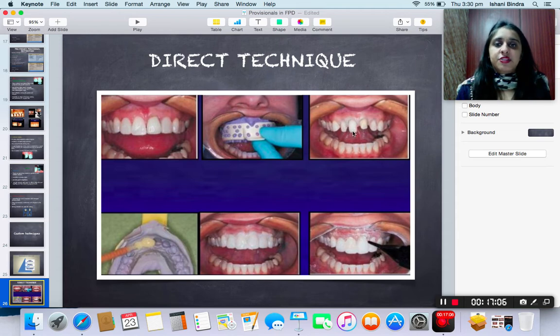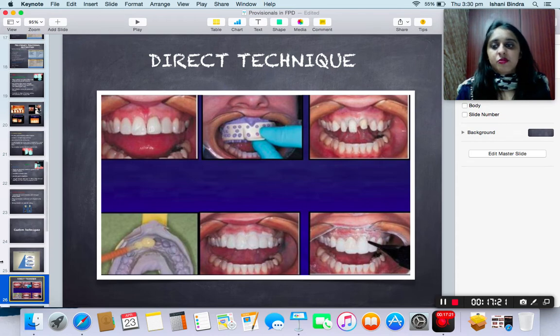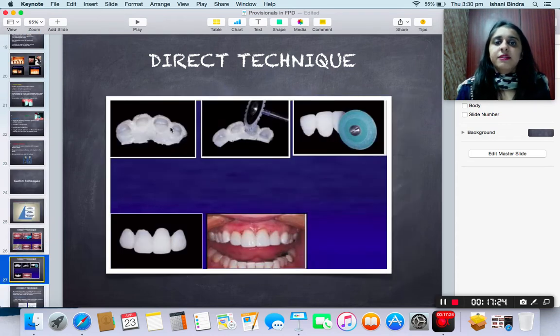After tooth preparation, this putty impression is relined with any temporary material of your choice, and the impression tray is inserted into the patient's mouth. The material is allowed to set properly. It is removed, trimmed, finished, polished, contoured, and then luted with the help of provisional cement.